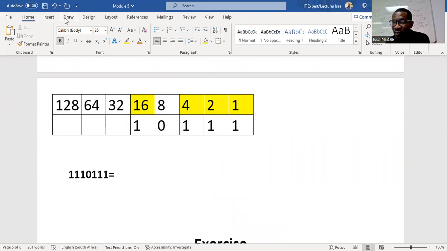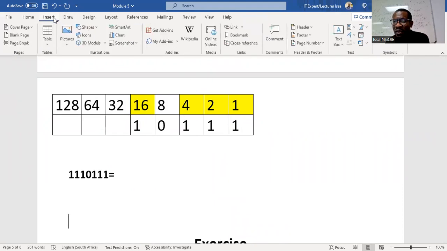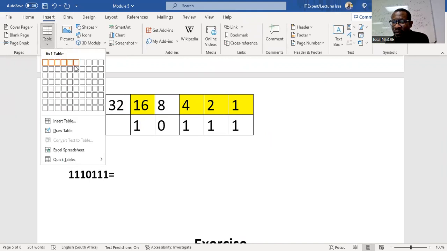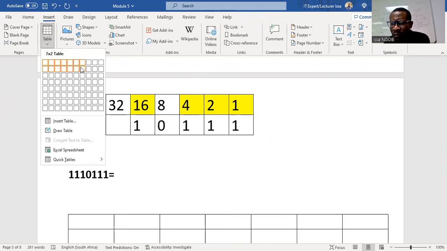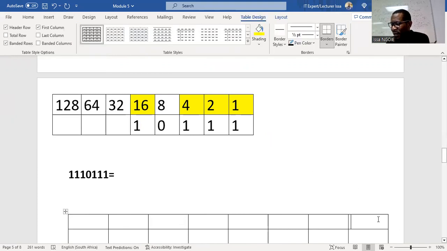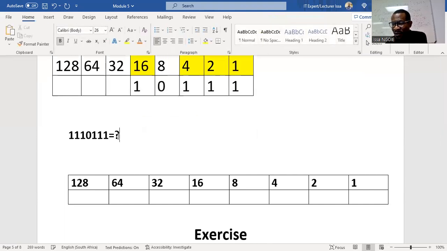What you must do, let me find the table here. There's 1, 2, 4, 8, 16, 32, 64, 128.